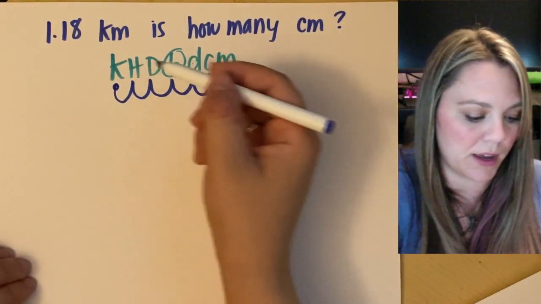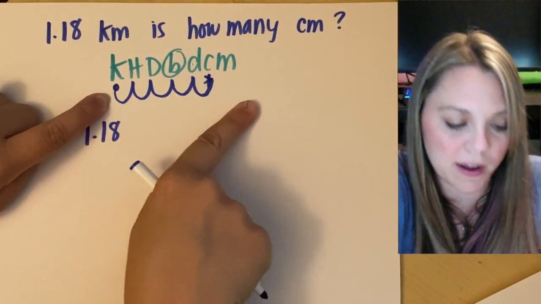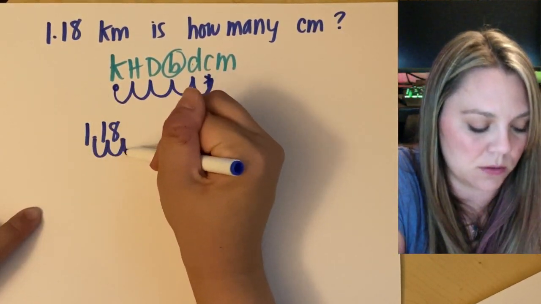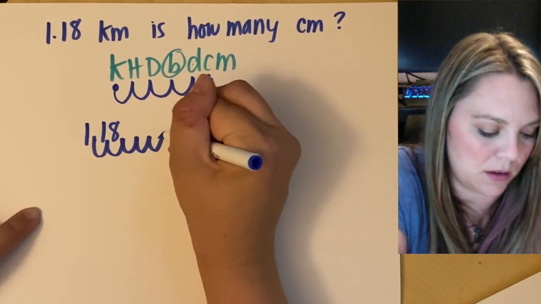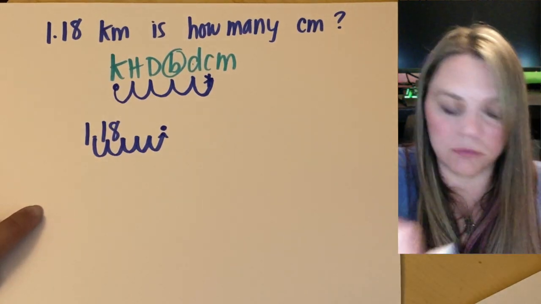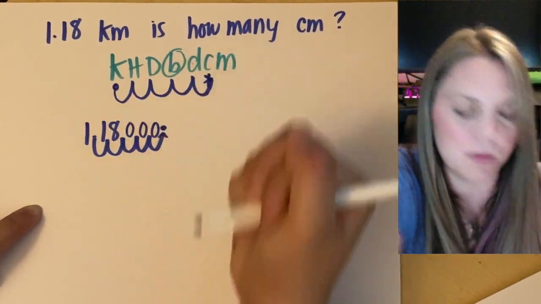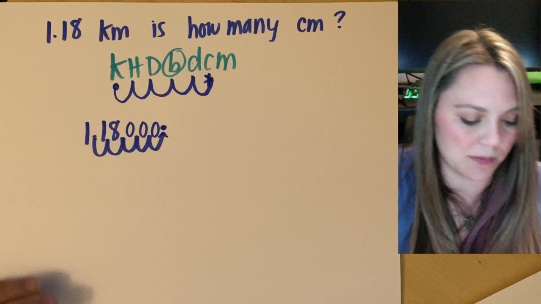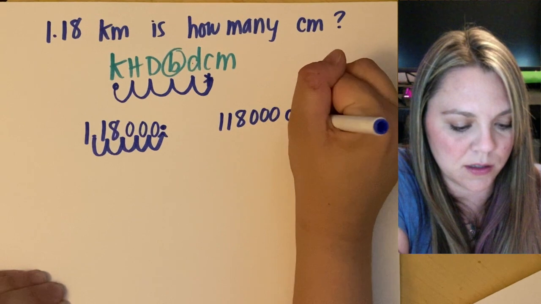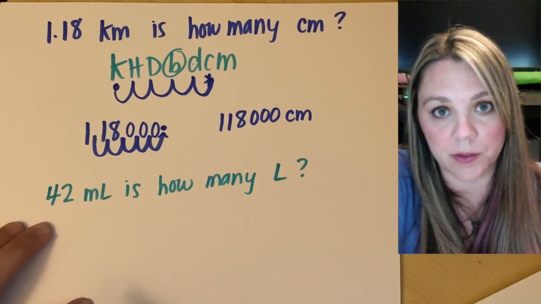So for 1.18, I'm going to take that decimal and move it 5 places to the right. My decimal ends up here. Any empty decimal place movements get filled with zeros. And that's it. Then you have 118,000 centimeters. Easy.